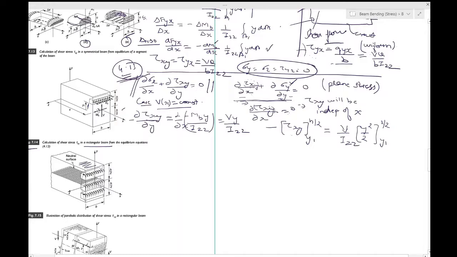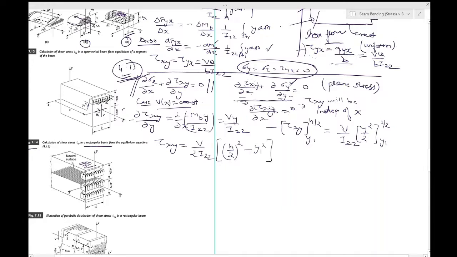So at h by 2 that value is 0. Then you will take tau xy as 0 at y equal to h by 2, and when you substitute the limits you should get tau xy is equal to V by 2 Izz times h by 2 whole square minus y1 square.